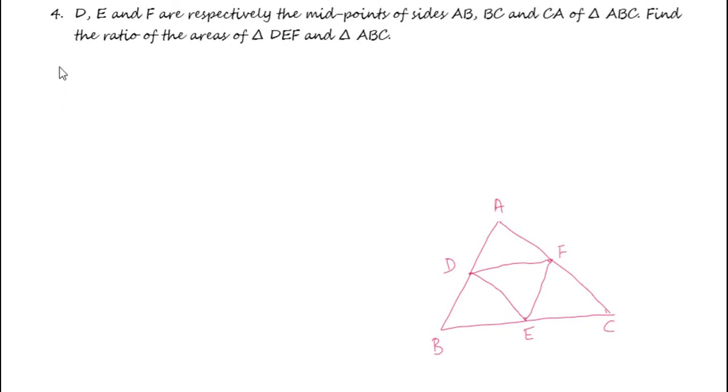Now what is given is, in triangle ABC, D, E and F are the midpoints of AB, BC and AC.